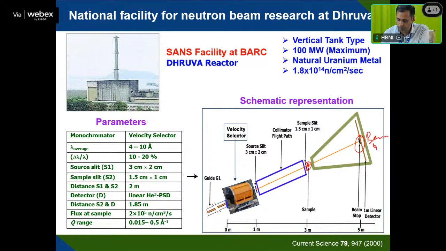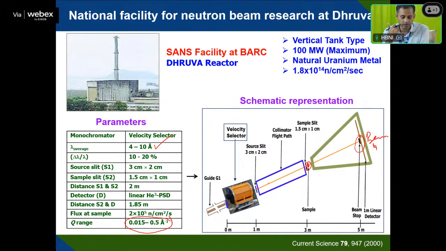The beam stopper prevents burnout of the detector. Here is the sample, and whatever scattering is there is measured by the detector. Here we mainly use a monochromatic velocity selector, and the wavelength is 4 to 10 angstrom. The Q range that we measure is about 0.015 to 0.5 per angstrom. Anyone from outside who wants to do neutron beam experiments can also use this facility.